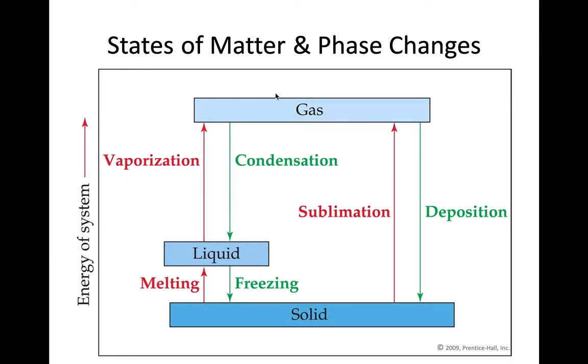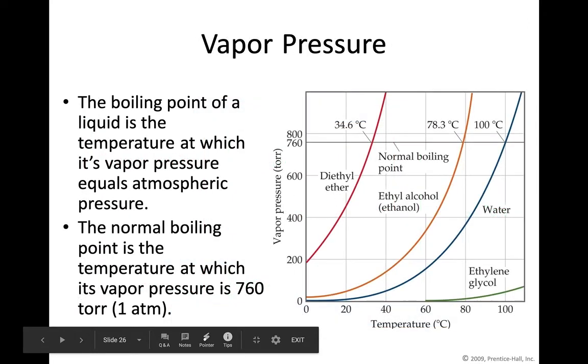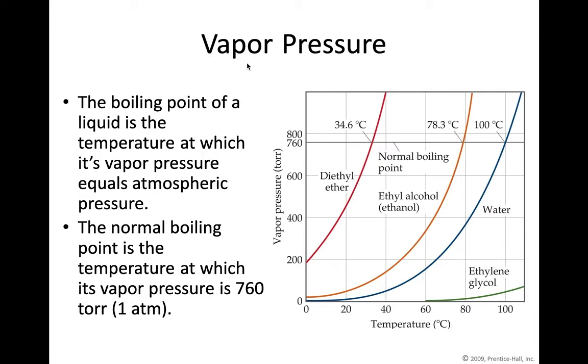So just a quick reminder of vocab here on the processes going between different phases. A quick note on vapor pressure, since this was a concept that was a little more difficult. Remember, the vapor pressure is the gas pressure that would exist in a closed container of a liquid.